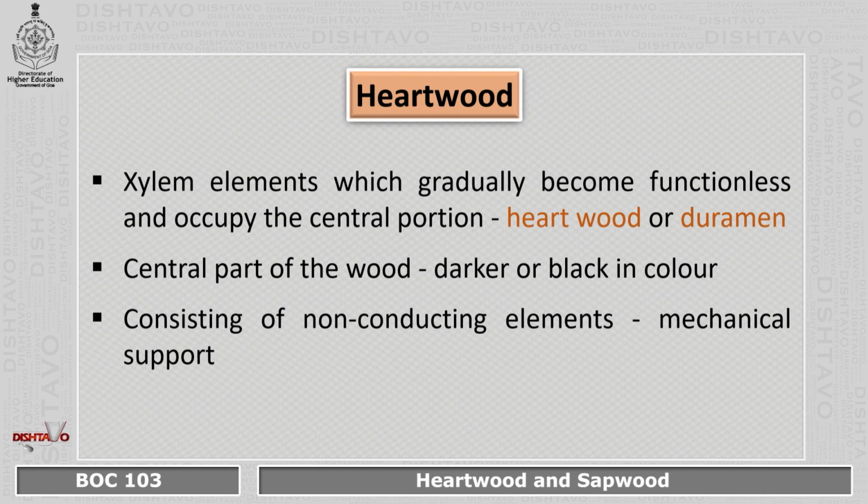Heartwood. Xylem elements which gradually become functionless and occupy the central portion is called heartwood. Heartwood is also known as duramen. Heartwood or duramen is the central part of wood, which is darker or black in color, consisting of non-conducting elements, which mainly provide mechanical support.